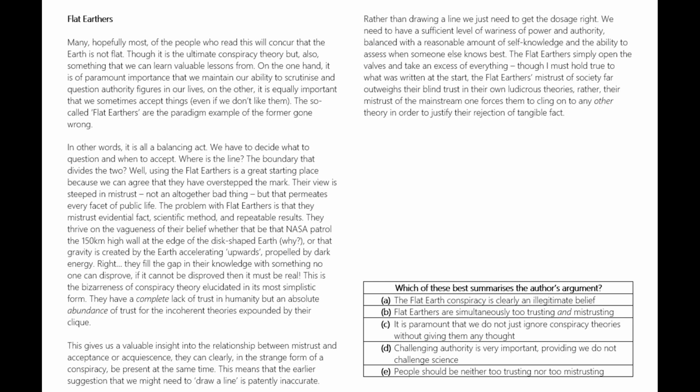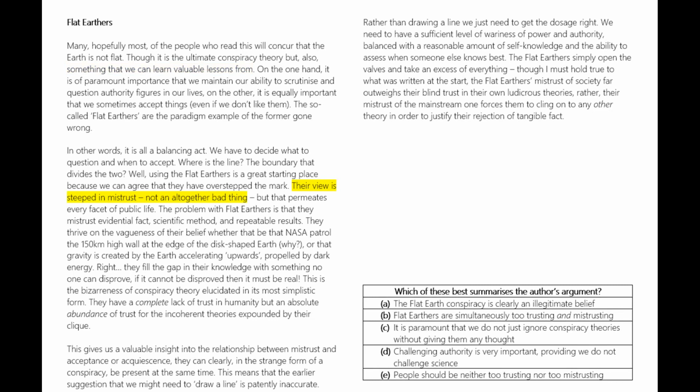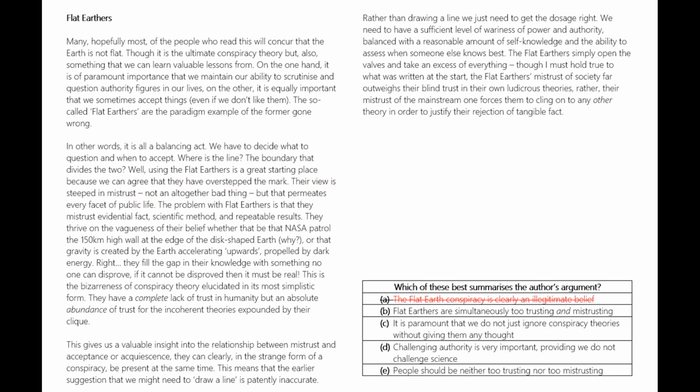Furthermore, if we look in other places in the text, we see that at no point has the author completely rejected the idea of the flat earth conspiracy. Here in the first paragraph, the author tells us that we can learn valuable lessons from the conspiracy theory. And in the second paragraph, the author says that their mistrust is not an altogether bad thing. A is therefore not the right answer, and what I'll do is strike it through with red.